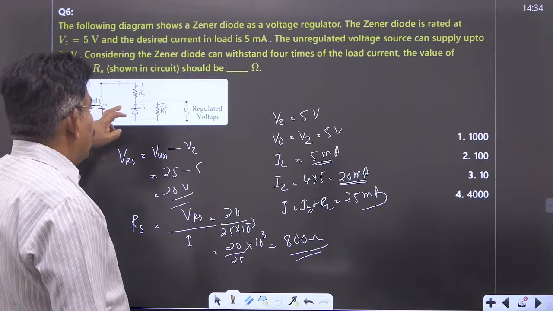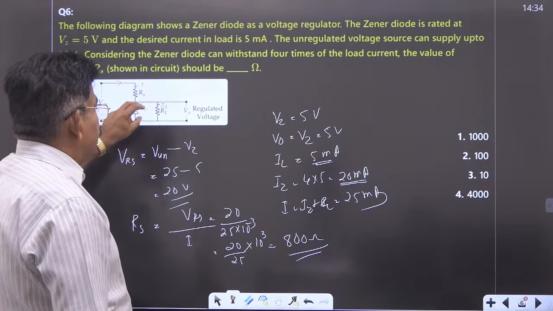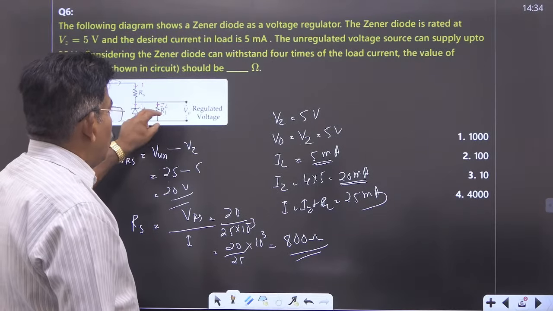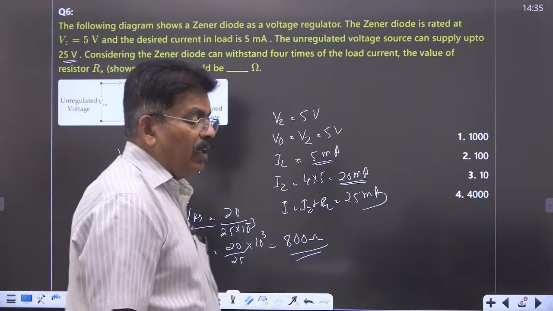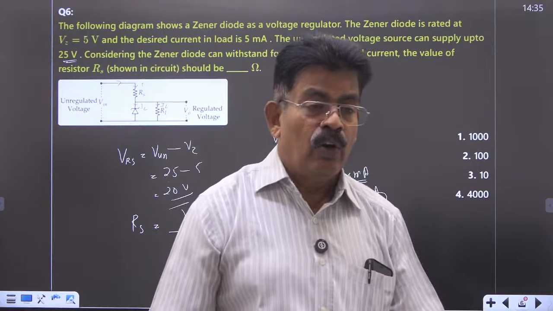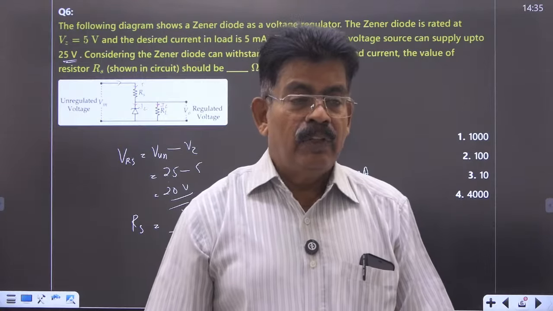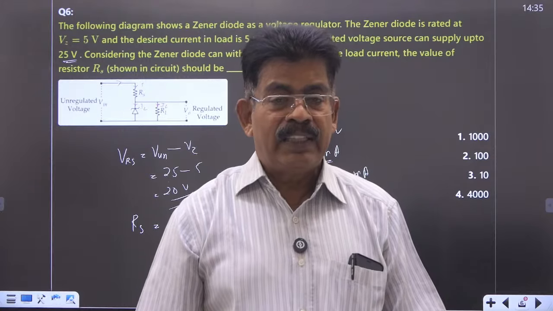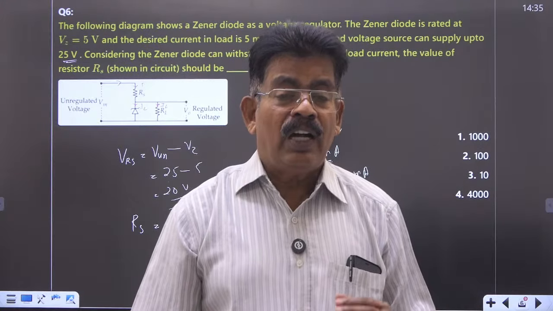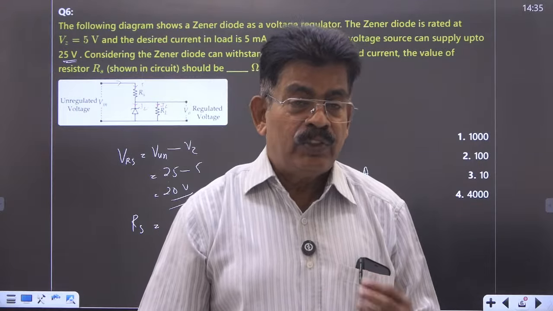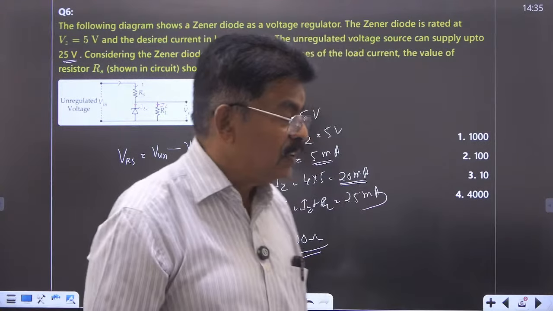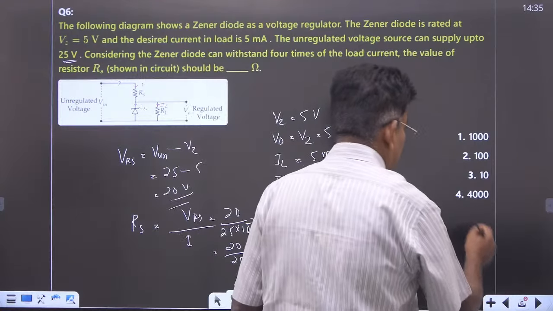But the Zener voltage, which is equal to the load voltage or output voltage, will remain the same. For any arrangement using this Zener diode, output voltage will be the Zener voltage. According to the unregulated voltage variation, the changes in voltage will happen across the series resistor. So the answer here is 800.